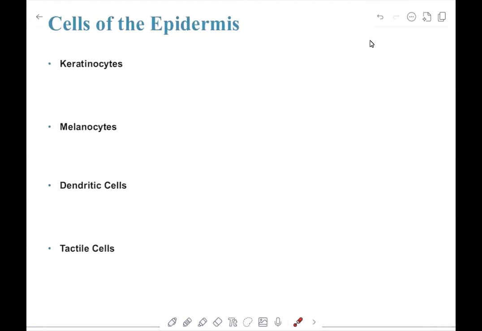This slide is showing the different types of cells that are present in the epidermis. We first have keratinocytes, and they're the majority of the epithelial cells. Their job, as you might very well guess, is to produce the tough, fibrous protein called keratin.